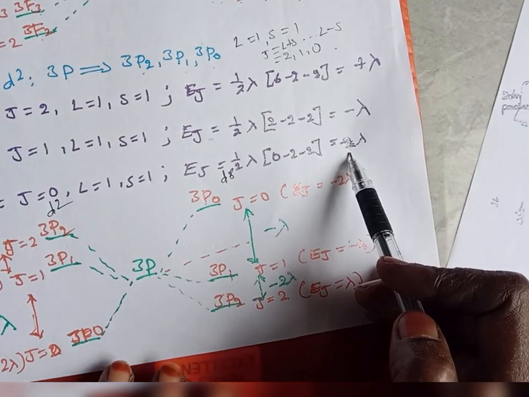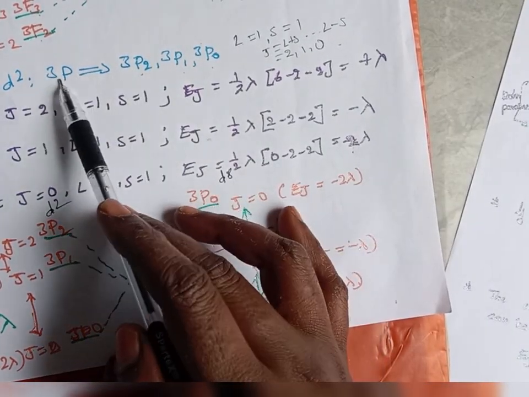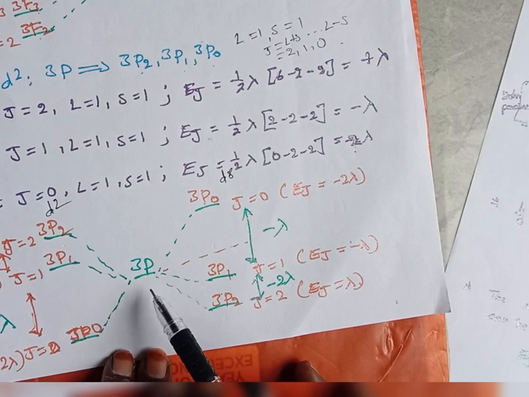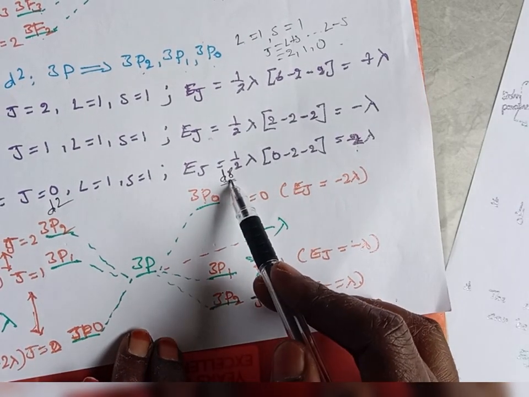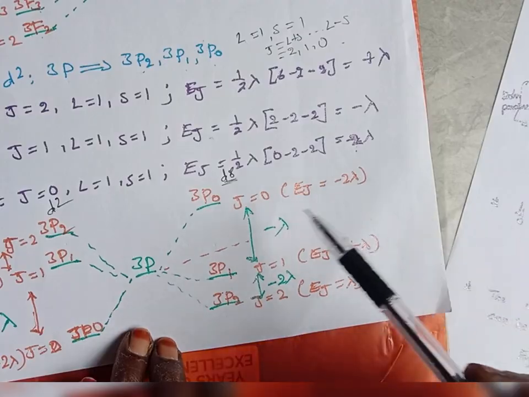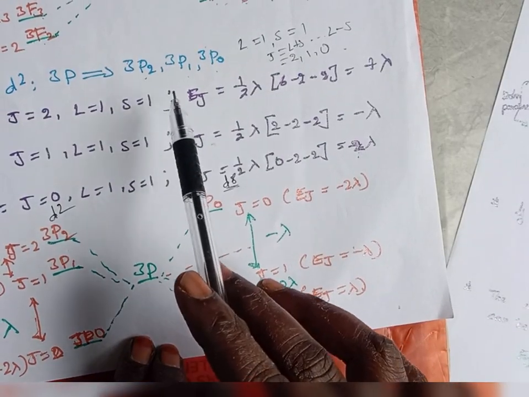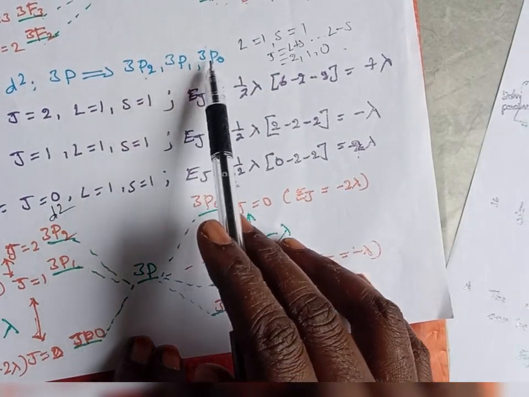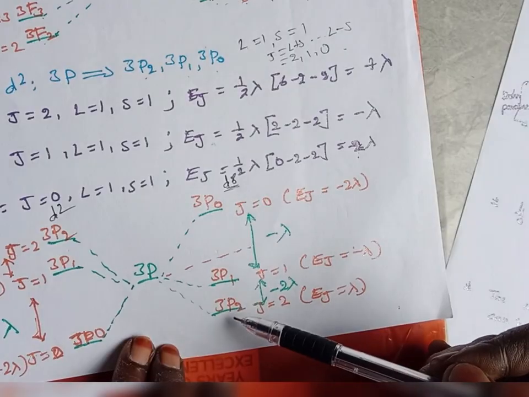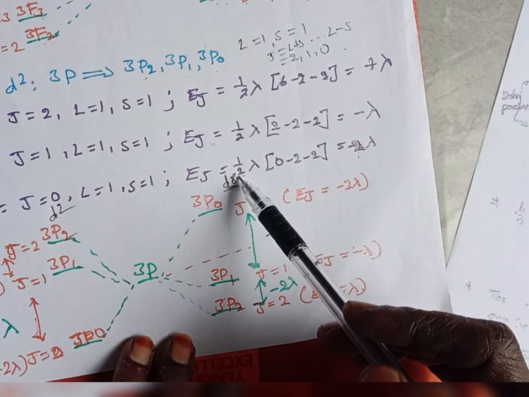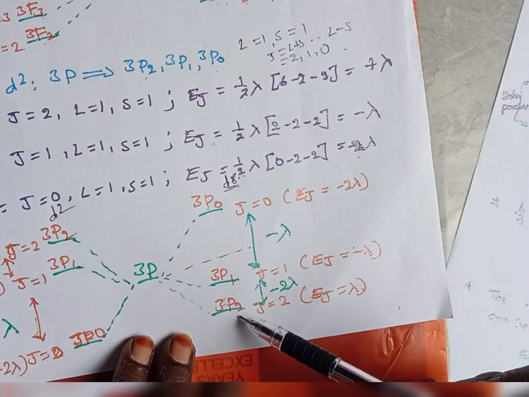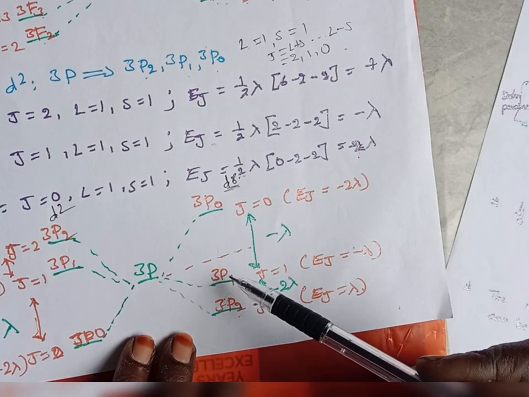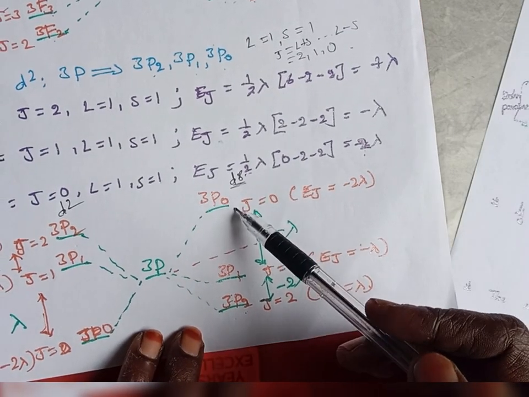If we arrange again the states for the particular 3P term according to Hund's rule, for d8 electron configuration, the state which is having the highest J value will be the lowest energy level because d8 is greater than half-filled configuration, right? So 3P2 is the lowest energy level, next 3P1, 3P0, right?